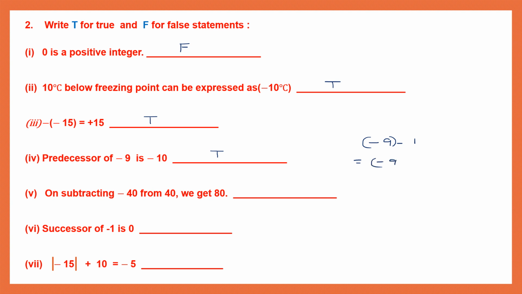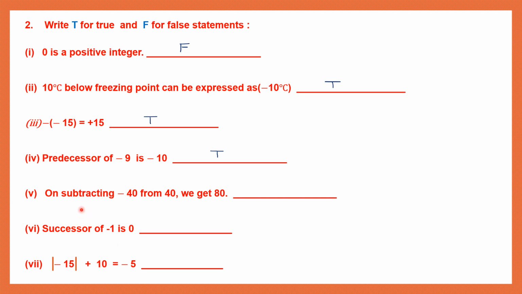Negative 9 minus changes to positive addition. 1, we write the additive inverse of 1, which becomes negative 1. So, this is negative 9 plus negative 1. Signs are the same, so we put the same sign and we add 9 plus 1 is 10, negative 10. So, the predecessor of negative 9 is negative 10. So, this statement is true.